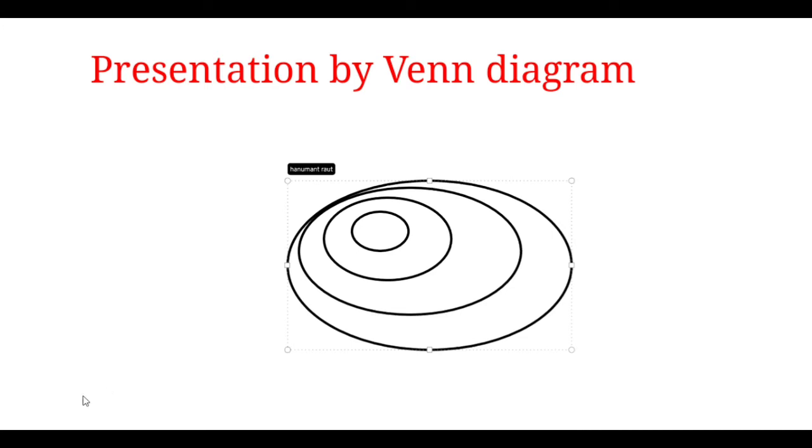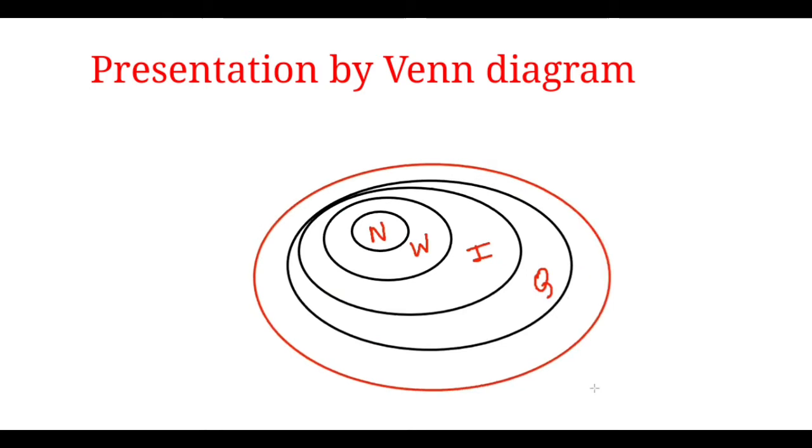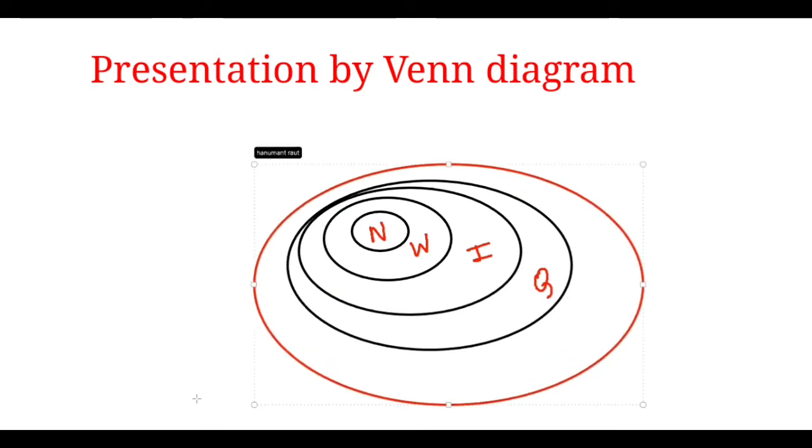Inside it, we bring the natural numbers first, 1, 2, 3, added with 0, then integers with negative numbers added in that, and the last one is Q. Q means the rational numbers. All fractions and decimals come in it. And the set of all numbers is said to be the real numbers. The last one is the real number.